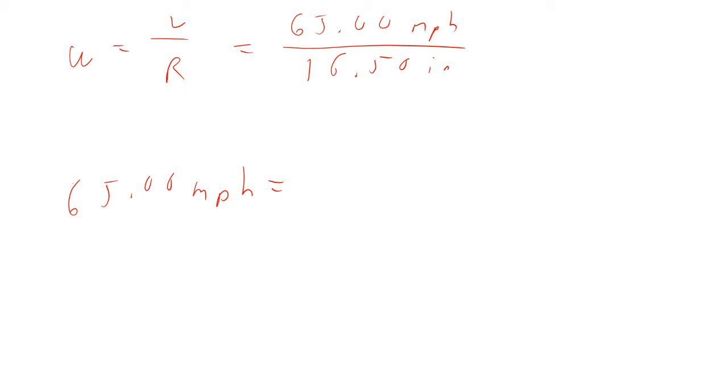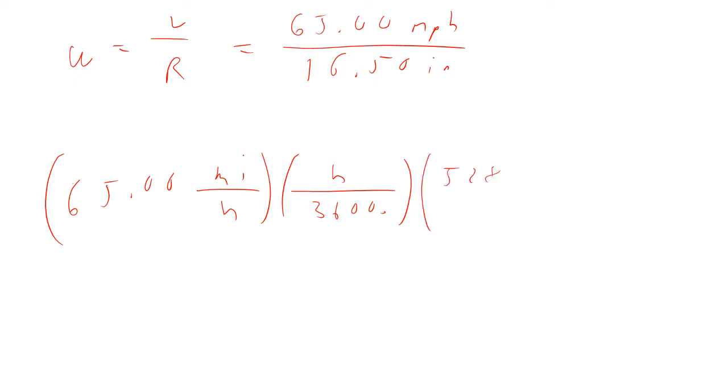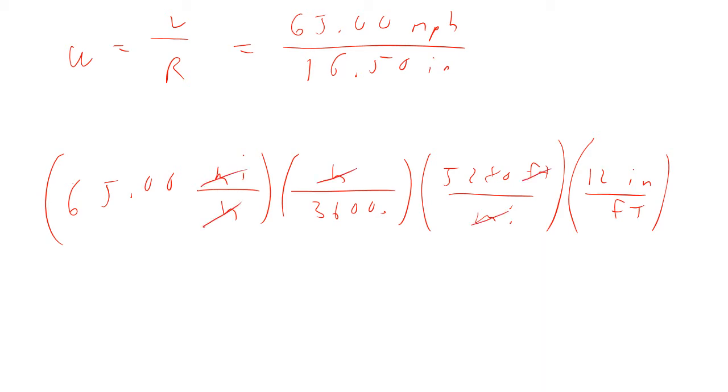We know that an hour is 3,600 seconds, there are 5,280 feet in a mile, and there are 12 inches in 1 foot. So hours cancel, miles cancel, feet cancel, and this comes out to be 1144 inches per second.